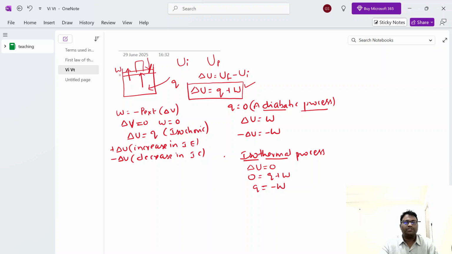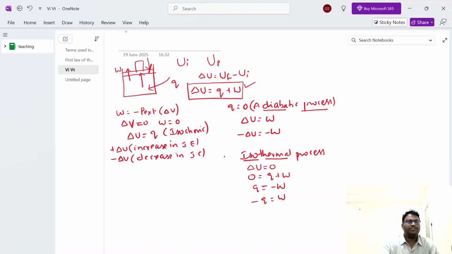Here Q is positive, W is negative. What does that represent? Whenever some heat is absorbed, if there is no change in the internal energy, then work is done by the system. That heat energy is used to do work. Or let us take minus Q is equal to W. W is positive and Q is negative.